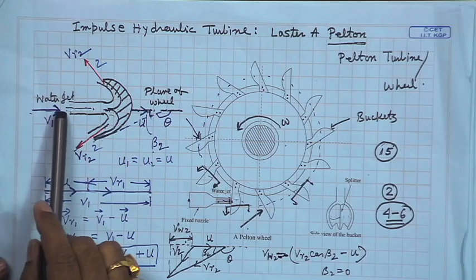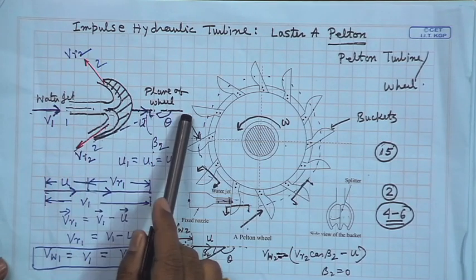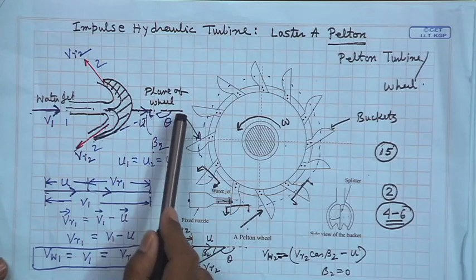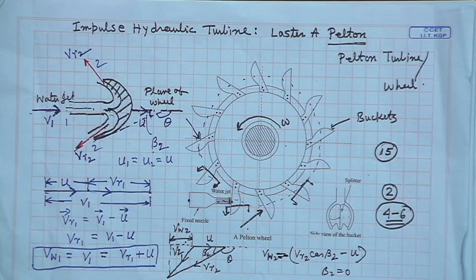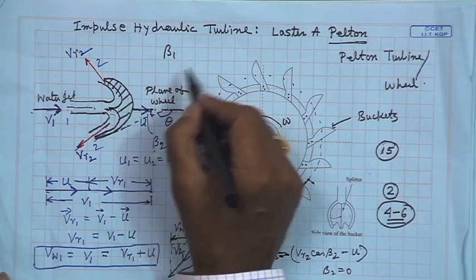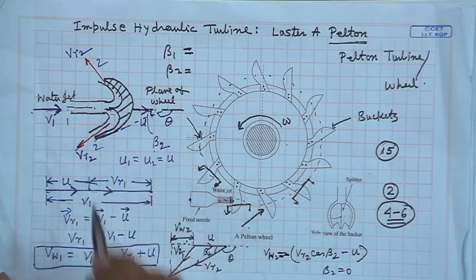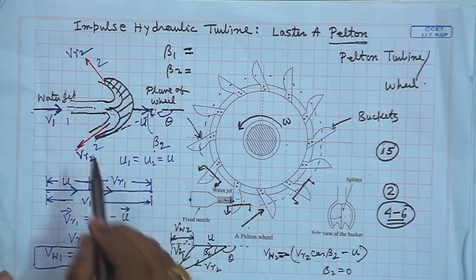Now, it was told that at inlet, the angle is in the direction of the tangential motion. That means, if we define the angle with respect to tangential direction as beta 1 and beta 2, that is the blade angle at inlet and outlet, angle made with the direction of motion, that is tangential direction.